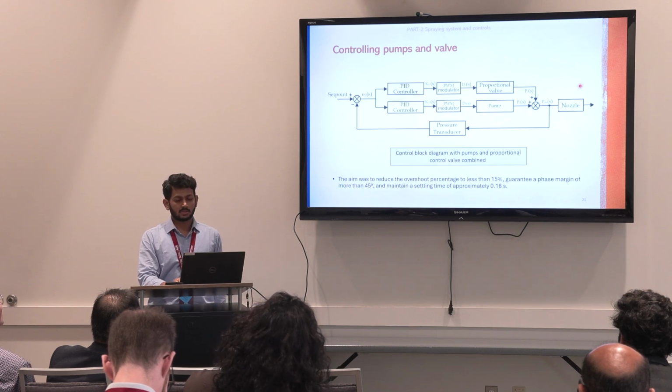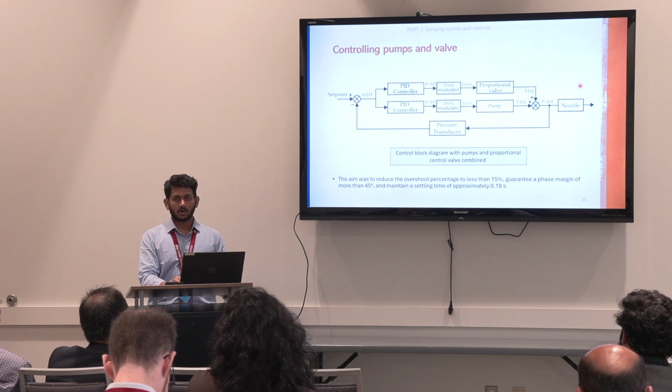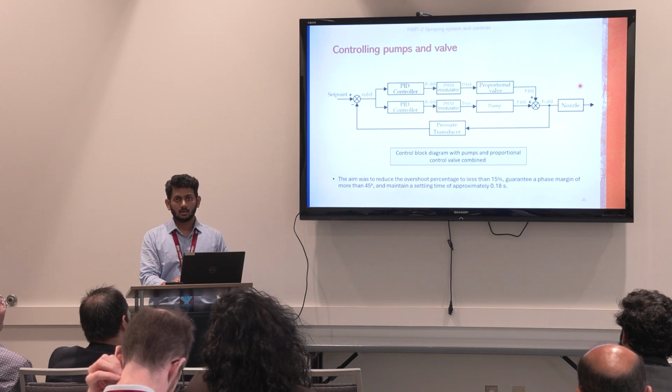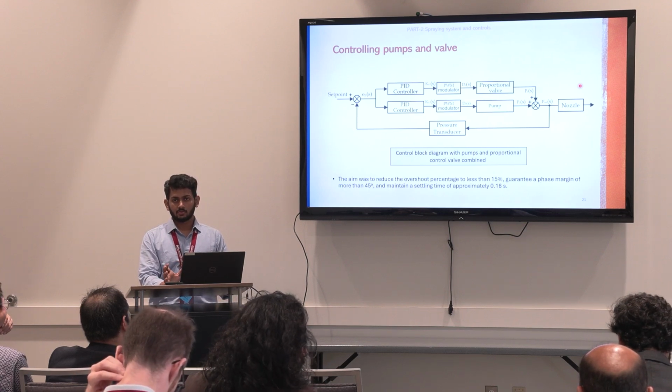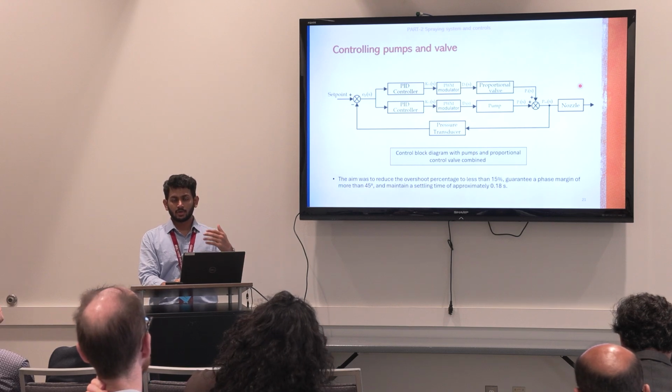We have 4 pumps in the system. I'll come to the spraying layer of the spraying system in a minute. And we have 1 proportional control valve, and both of these work in tandem to make sure that the pressure, either 15 psi or 20 psi that we found out through experiments, is always maintained during the real-time operation.